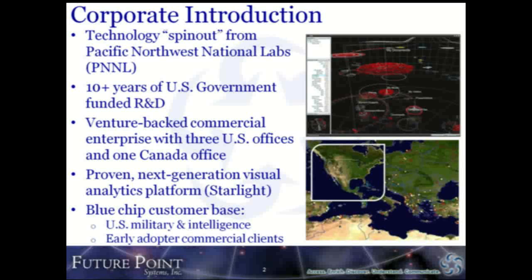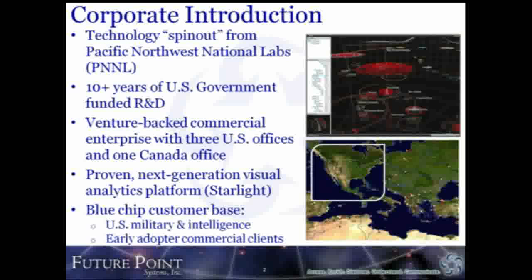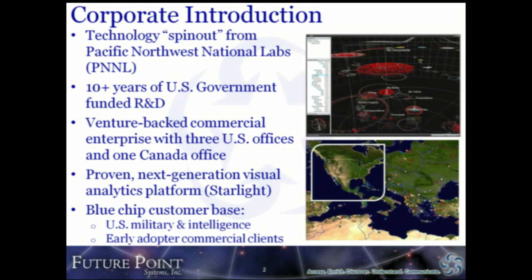The company itself is venture-backed, and we've got 3 offices here in the United States: the main office in Richland, Washington, a small office in Reston, Virginia, which serves the D.C. area, and another office down in Mountain View, California. We also have a small sales office up in British Columbia, Canada.